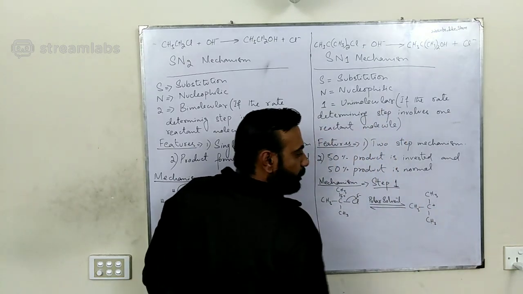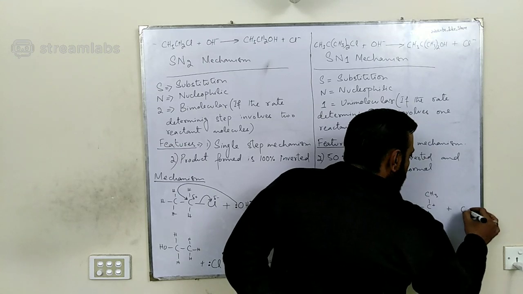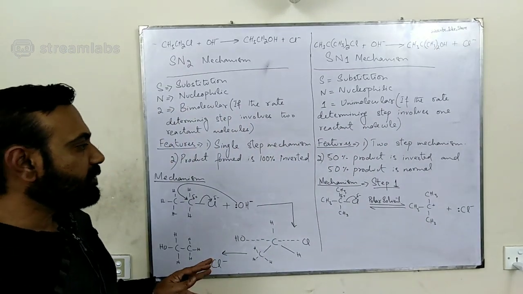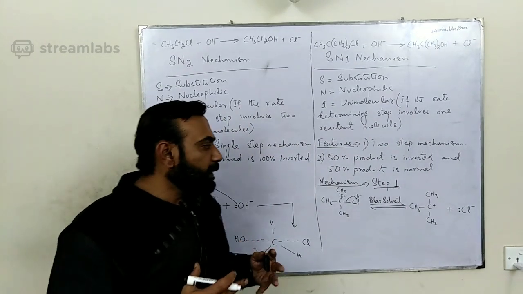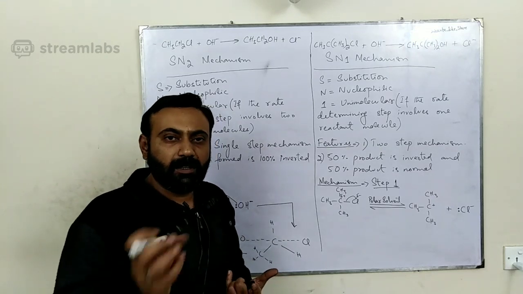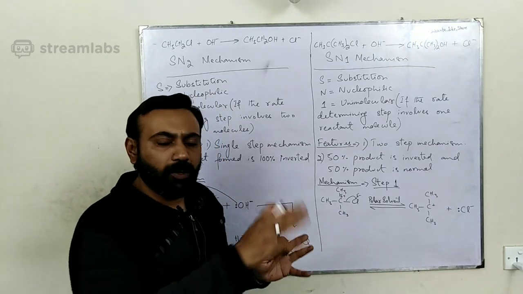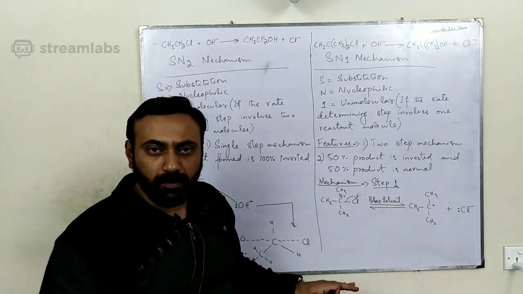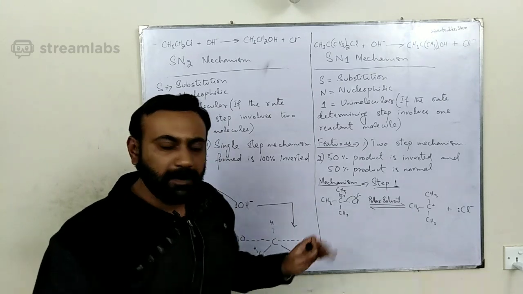This carbon will have a positive 1 charge and this chlorine will have a negative 1 charge, and it would form chloride ions. Now this step did not involve a lot of extra forces or extra radicals, so it had to produce ions on its own due to just the presence of a polar solvent. That means this step is a slow step.